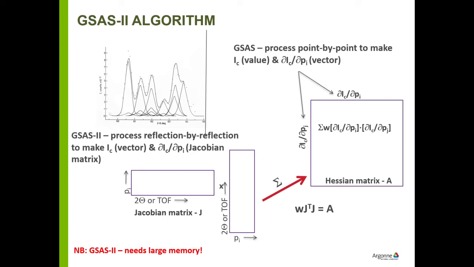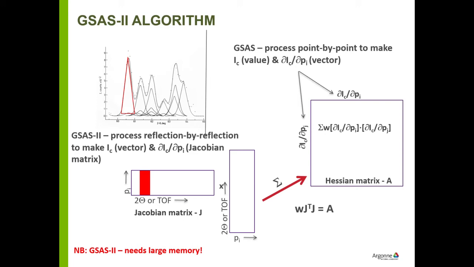So you have to come up with a different algorithm. The different algorithm is shown here, where we compute the entire profile for a given reflection, all of its derivatives, and put them into this matrix, which is parameters by observations. It's a big matrix, because the number of observations here for, say, 11 BM can be 40 or 50,000 profile points.